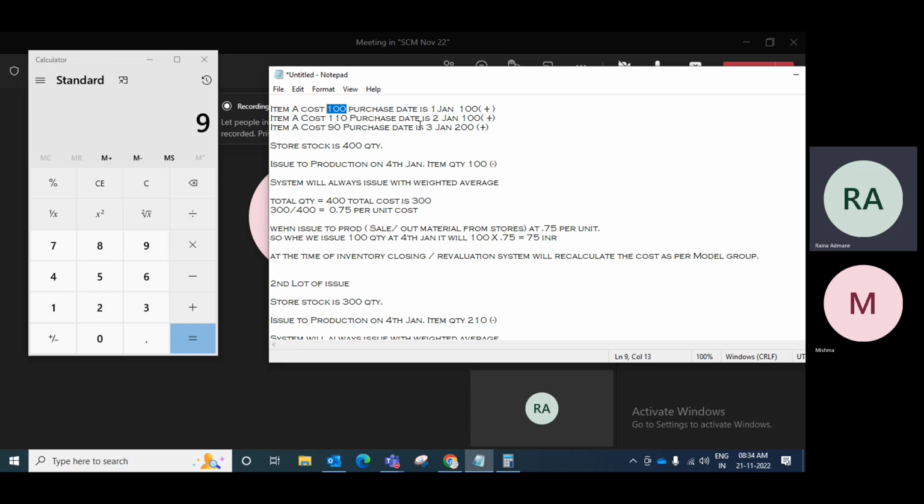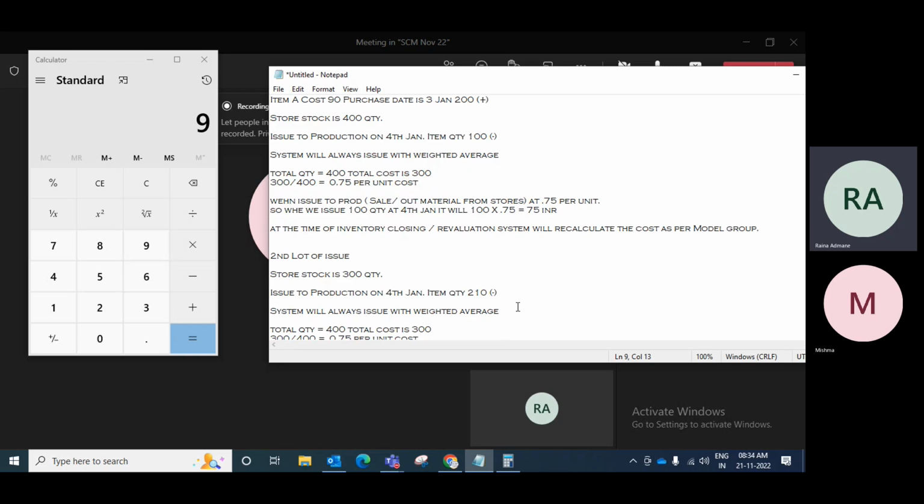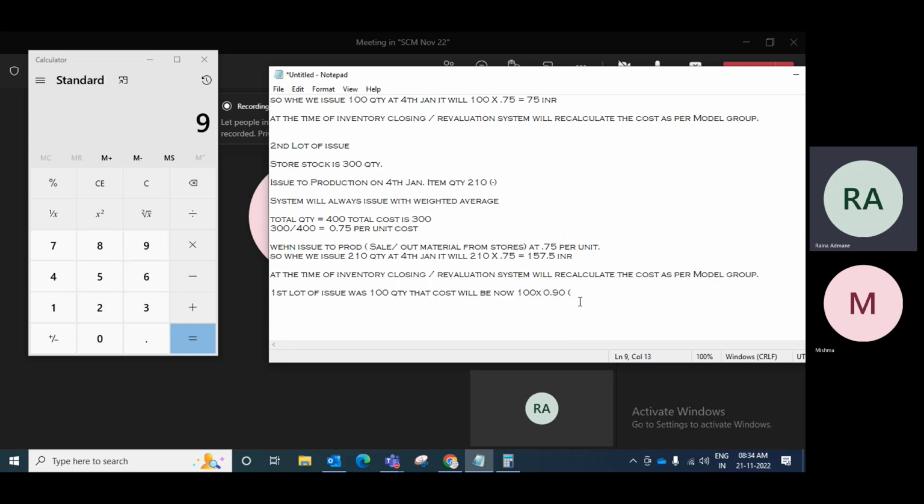Sometimes it happens with someone's import versus someone's local market item, so there is a difference of double. So consider this is a double difference. Now what will be the per unit cost for these 200 items? Simply 200 divided by 90, so it will be 2.22.